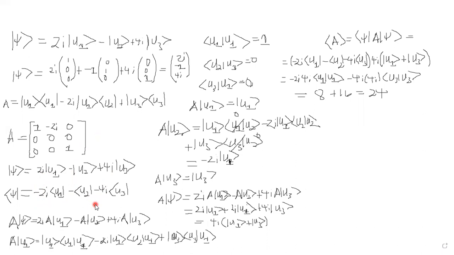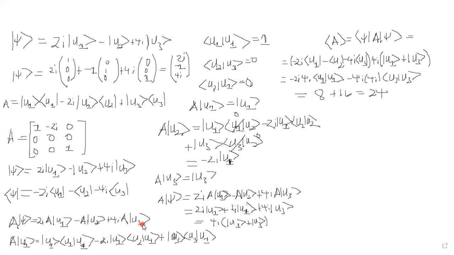Okay, the next thing we need to do is operate this operator, not this matrix, but this A here, on this ket. Since these are constants, these constants can be brought out. So you operate A on each basis: A on U1, A on U2, and A on U3, the operator.